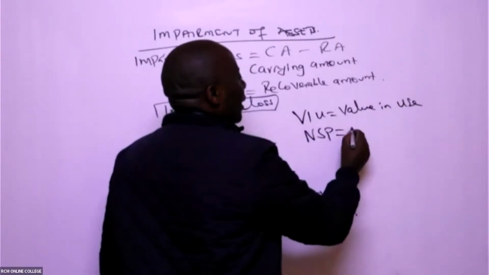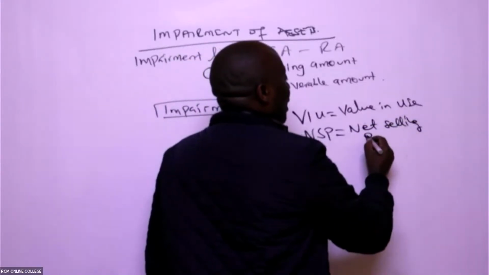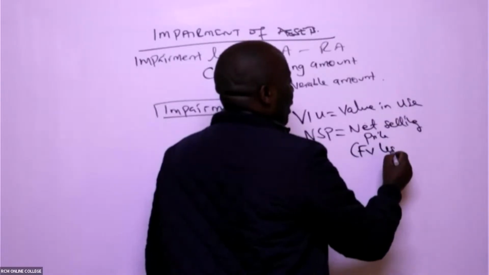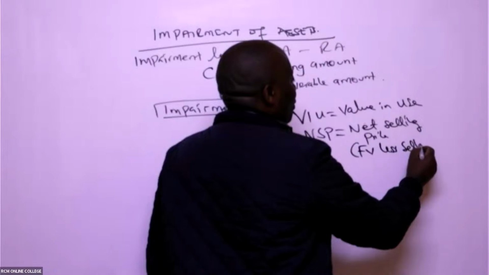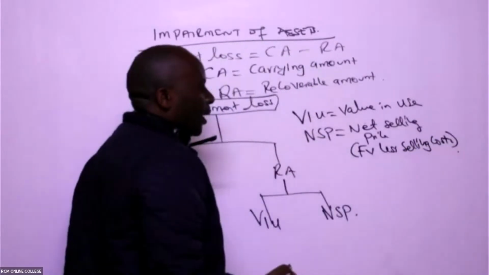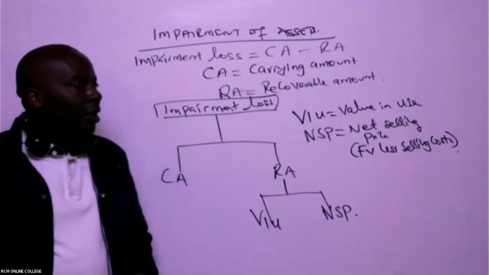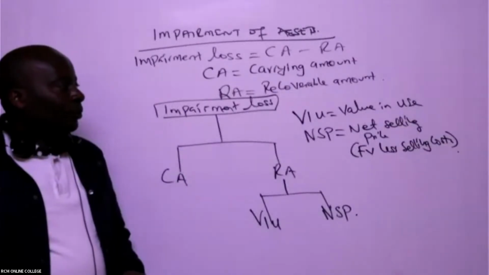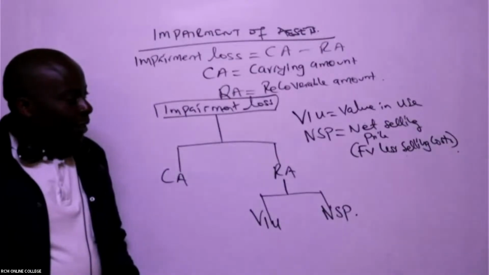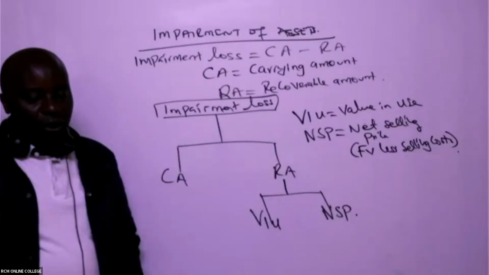And then we have NSP, the net selling price, also known as fair value less selling costs.